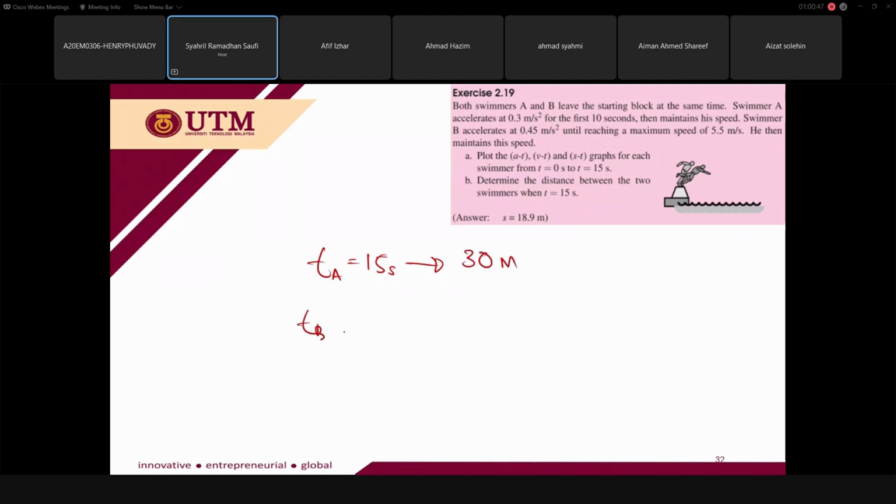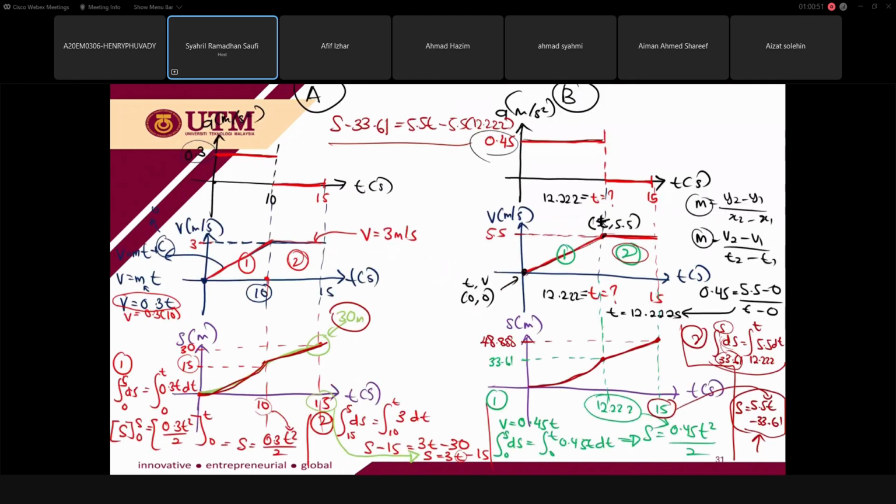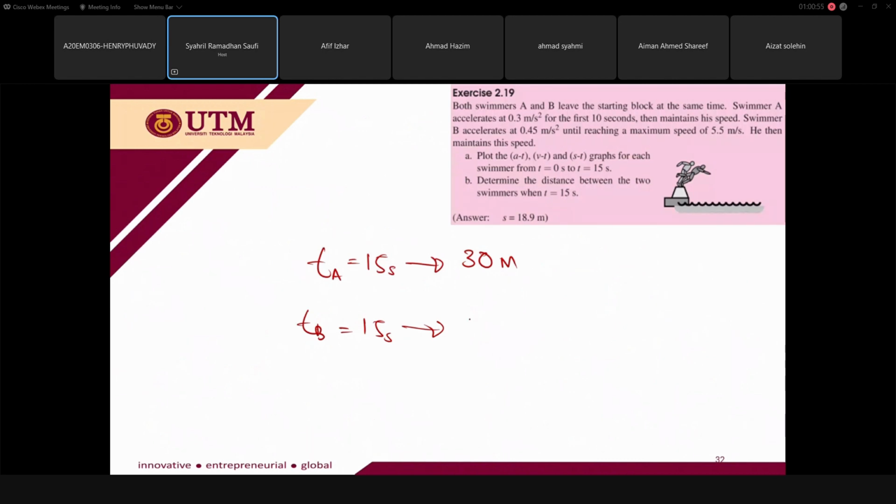Swimmer B, at 15 seconds, the displacement is 48.888 meters. So the distance between the two is SB minus SA, which is 48.888 minus 30 meters.